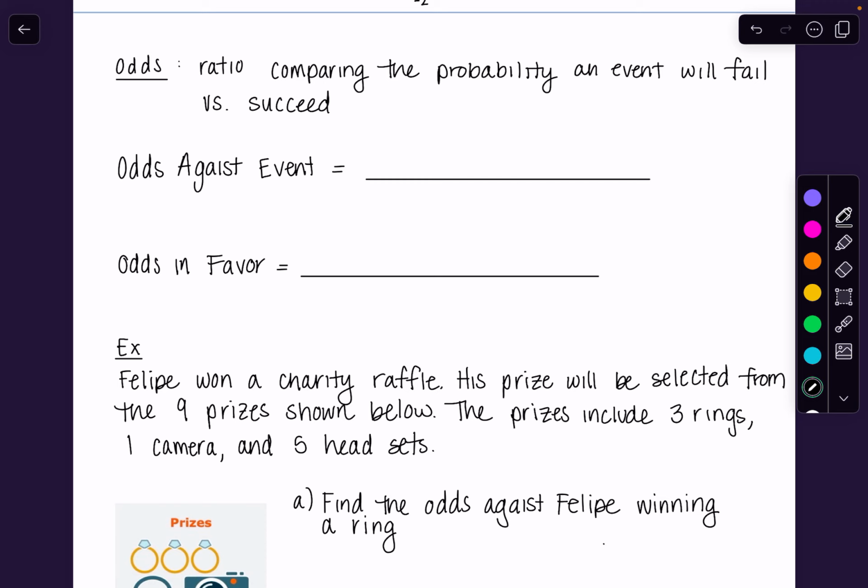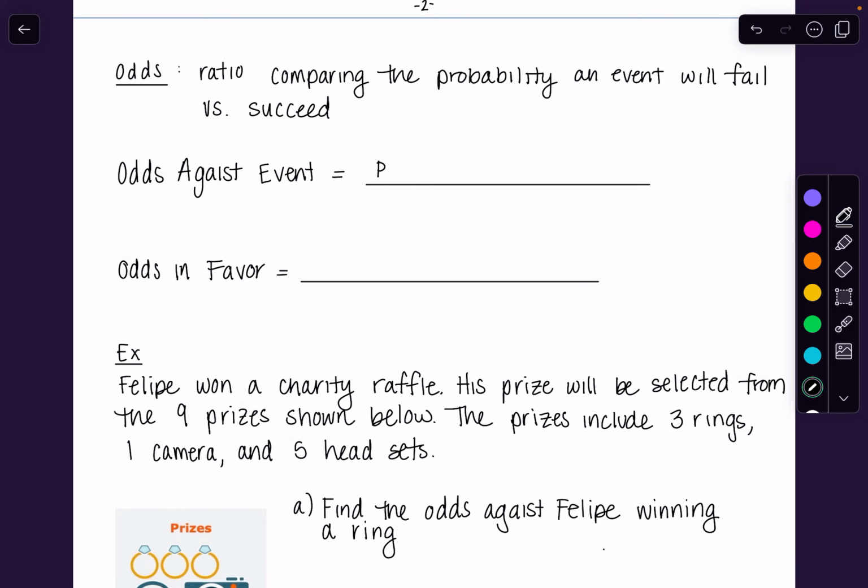So when I look at the odds against an event occurring, we're going to take the probability the event fails to occur and divide it by the probability the event succeeds or occurs.